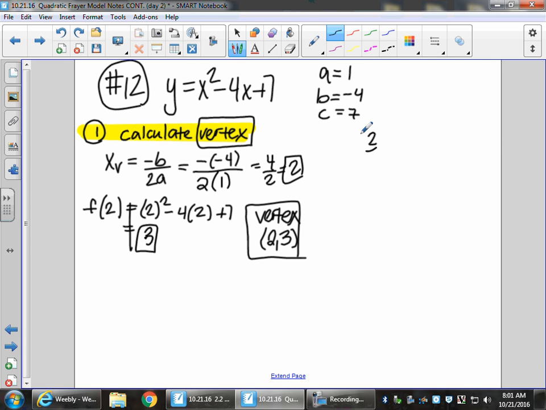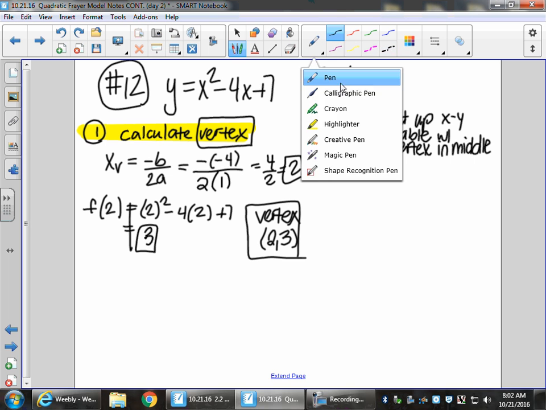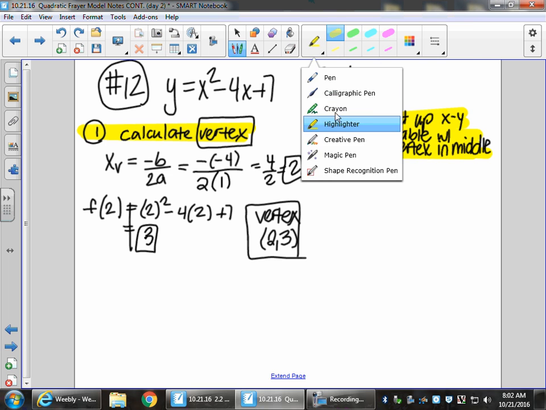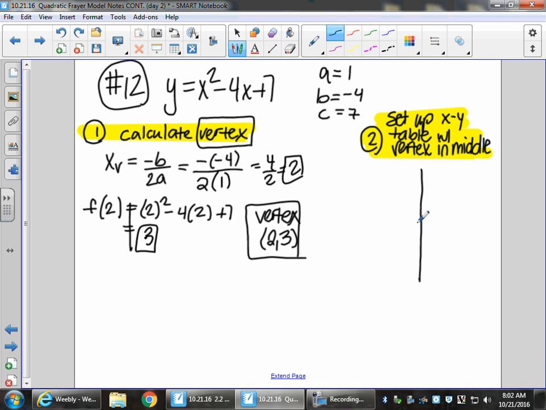Step 2, set up an XY table with vertex in the middle. You'll see what that looks like. Set up an XY table with vertex in the middle. Not an arrow. XY.